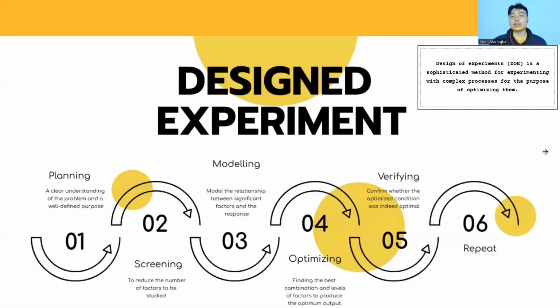Now, design of experiments, or DOE, is a sophisticated method for experimenting with complex processes for purposes of optimizing them. So this is an example of it. First, you plan, you screen, you model, you optimize, you verify, and you repeat.